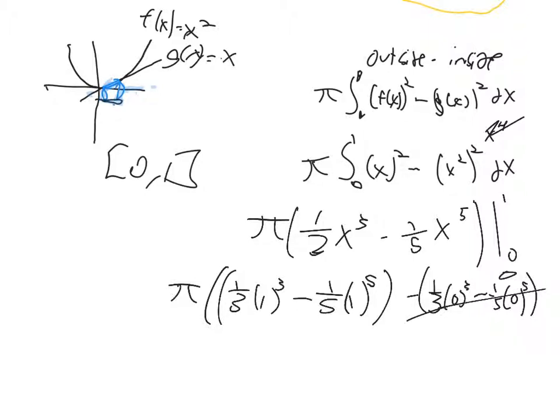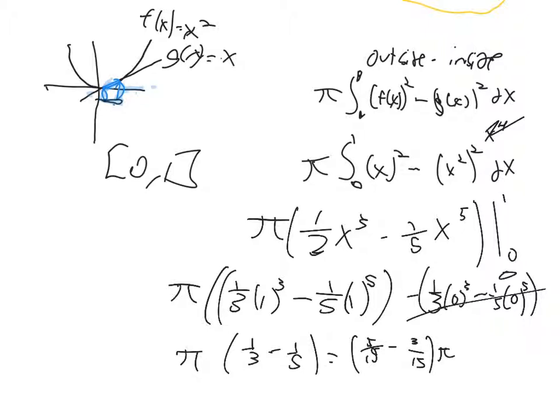So we're just left with pi times 1/3 minus 1/5, since 1 cubed is 1 and 1 to the 5th is 1. That can also be written as 5/15 minus 3/15, times pi, of course.